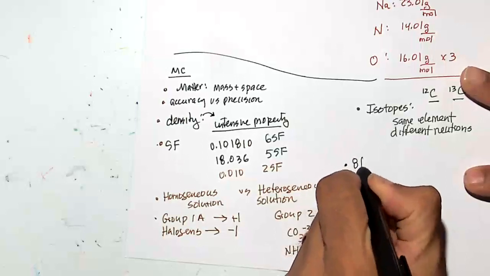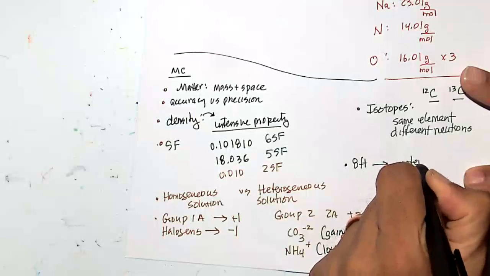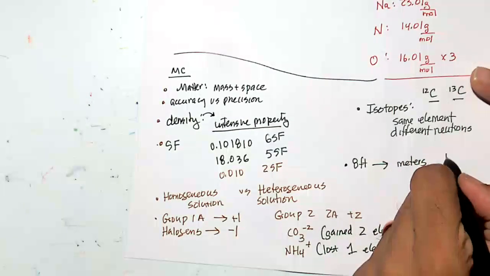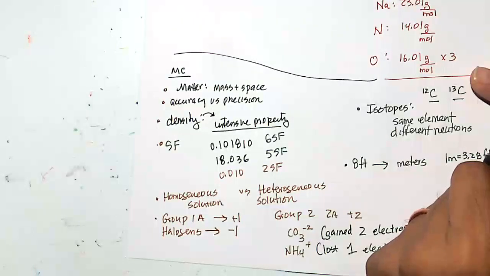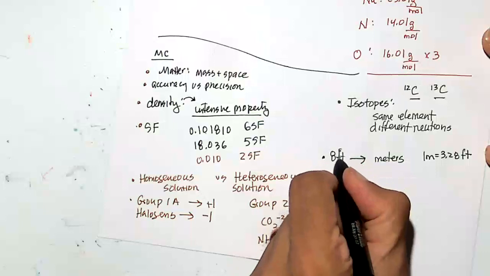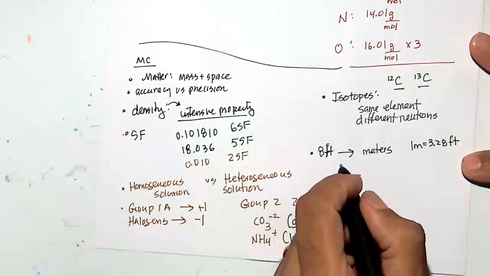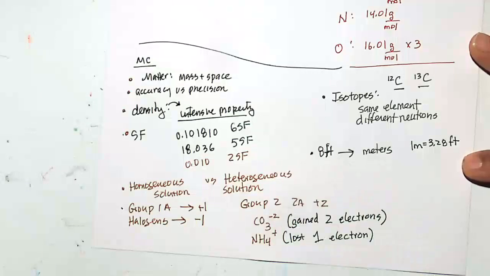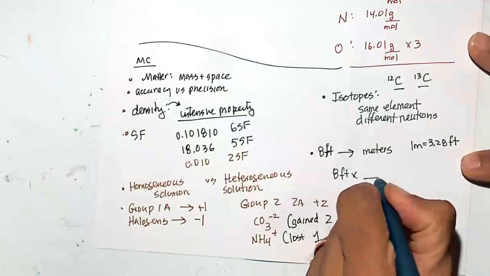If I have a guy who's 8 feet tall, and I want you to convert his height to meters, 1 meter is 3.28 feet. Can you guys do that? Feet to meters. The guy is 8 feet tall. How many meters is he? This is how you'll do that.